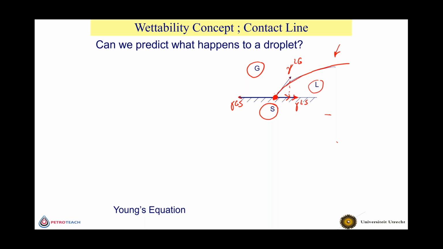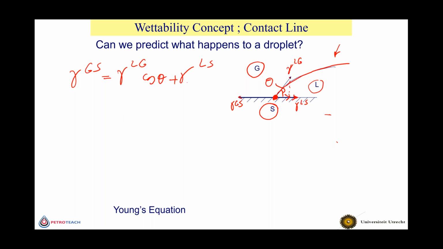And if you look at the balance of this in the horizontal direction, then you can write gamma gs is equal to gamma lg cosine theta, plus gamma ls. By the way, this angle is theta. As you know, this is the contact angle. It's known as Young's equation.